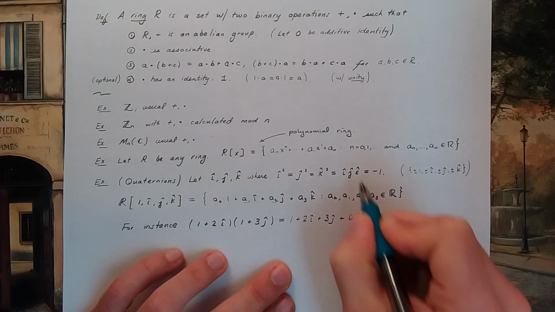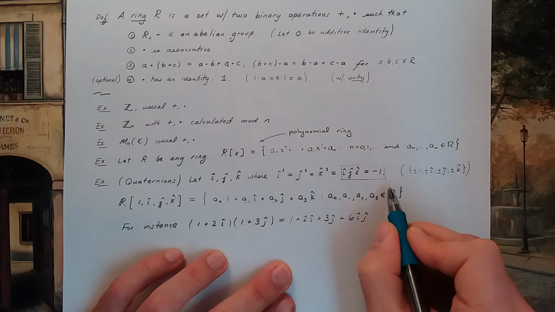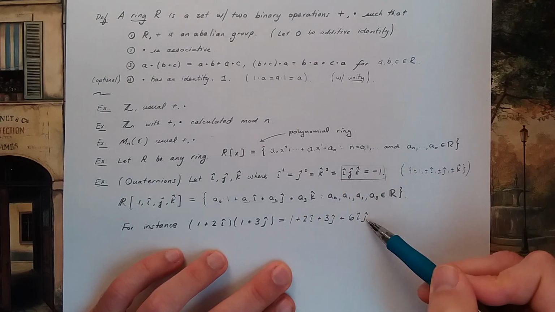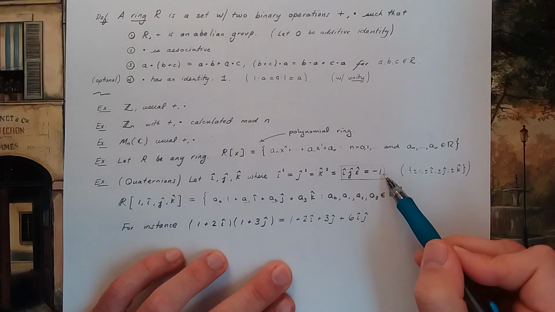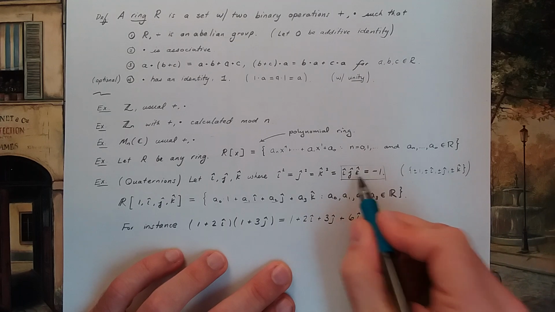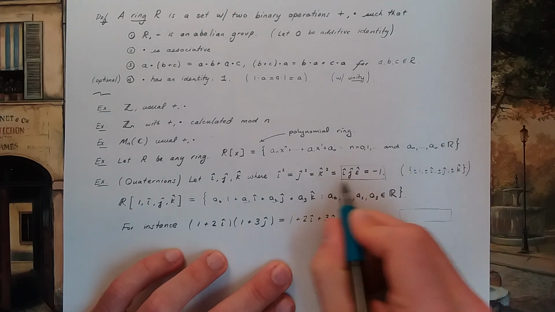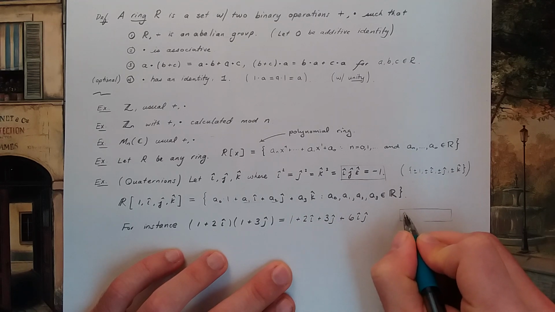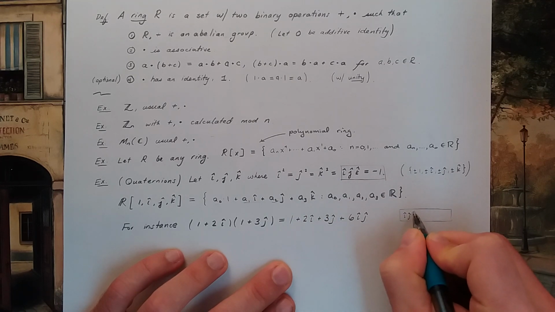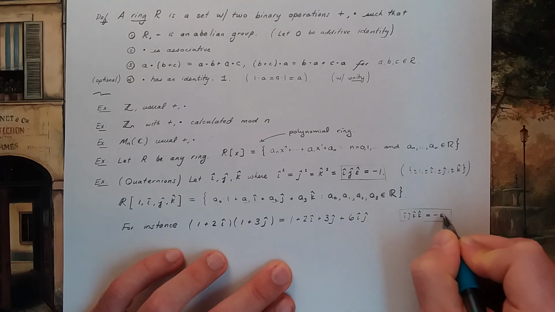Well, I can get this by looking at the condition right here. To find i hat j hat, I could look at this condition and multiply both sides on the right by k hat. So if I take that condition and I multiply on the right by k hat, I get i hat j hat k hat k hat equals negative k.